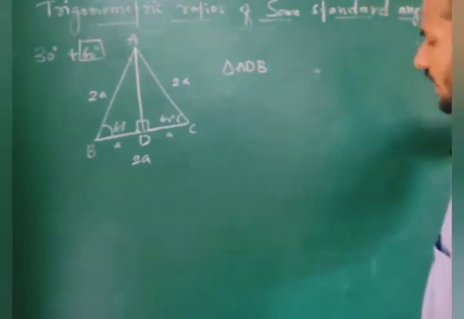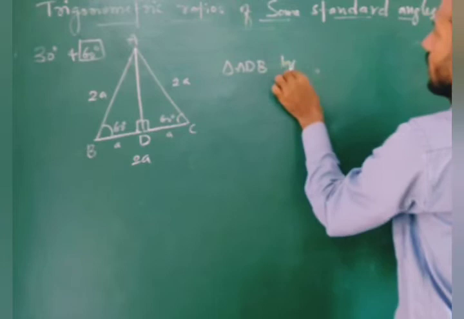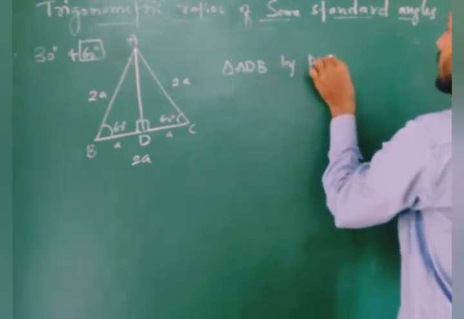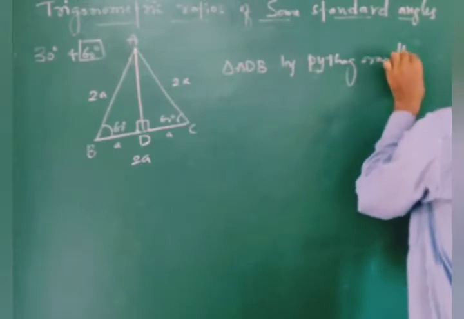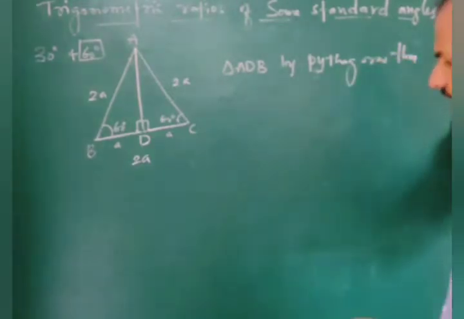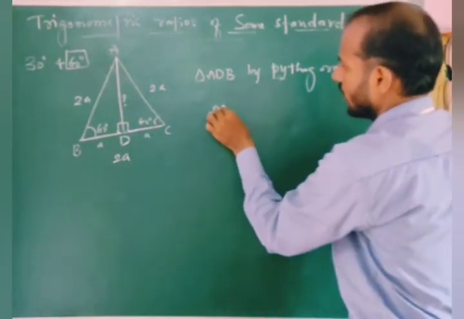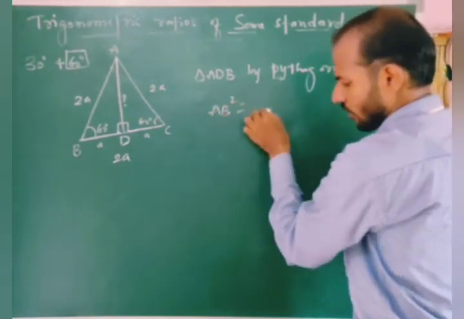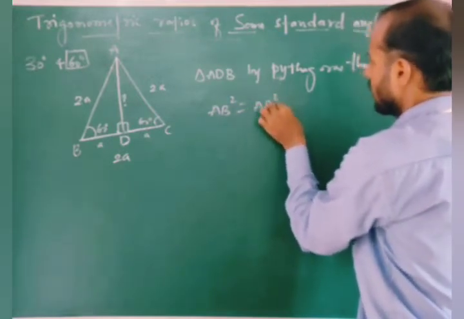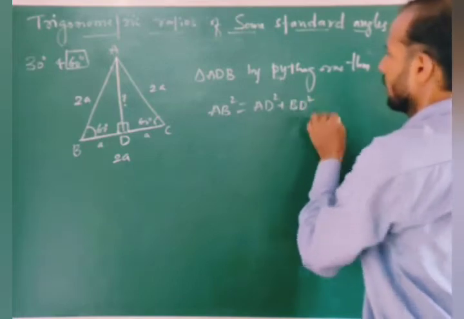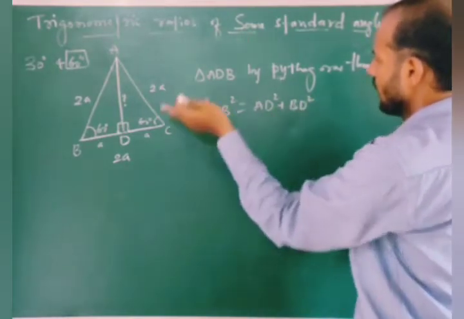Let us consider triangle ADB by using Pythagoras theorem. Let us see AB square equals AD square plus BD square, right? Now we have to find AD square, means take BD square to the RHS.